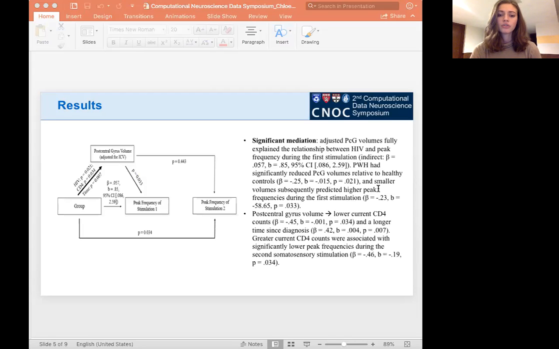We further used important HIV clinical metrics in the model to relate our structural and functional information. The model revealed that smaller postcentral gyrus volume was associated with lower current CD4 counts and a longer time since HIV diagnosis. Greater current CD4 counts were also, interestingly, associated with significantly lower peak frequencies, or peak frequencies that were more similar to controls during the second stimulation response.